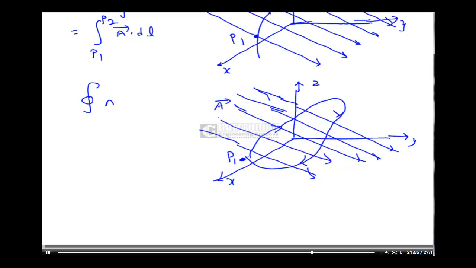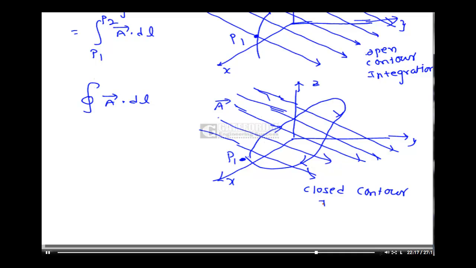The closed contour integration, that is integration over closed contour C of A bar dot dl, is called circulation of A bar around the closed path, because this is nothing but the field along the closed line. The circulation of the field around the closed path is indicated by the integral over C of A bar dot dl. So this is called the line integral.